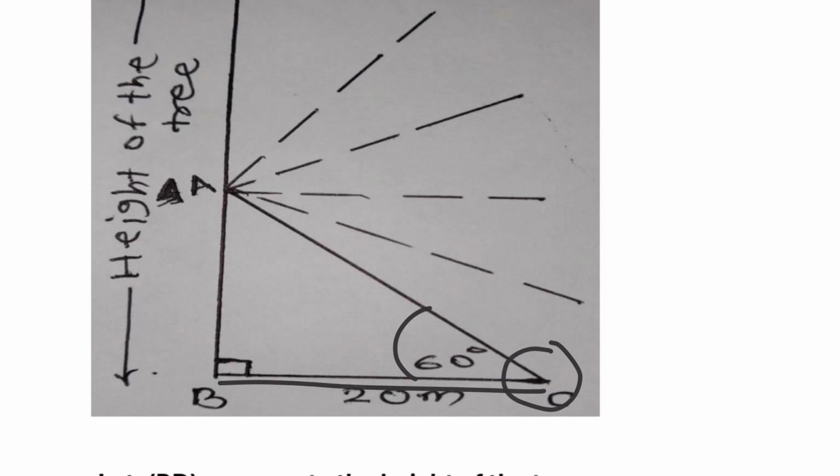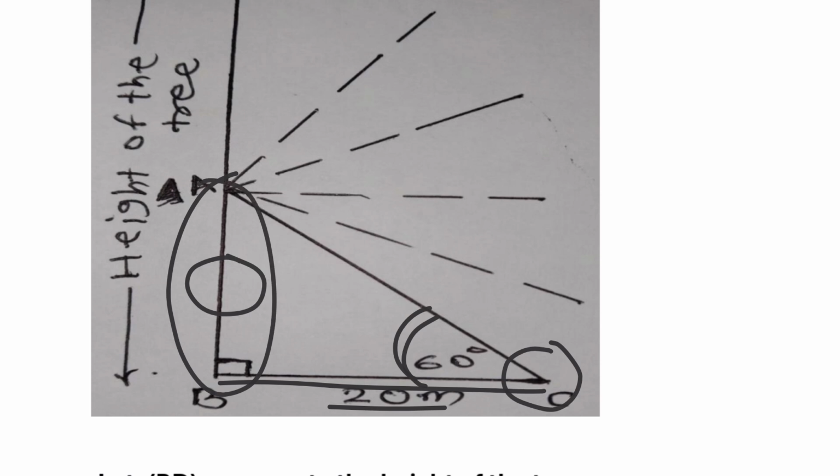Therefore, by using this information, BC is equal to 20 meter and angle ACB is equal to 60 degree. With the help of this, we will first find out AB by using the trigonometric ratio tan 60 degree is equal to opposite side of 60 degree upon adjacent side of 60 degree.